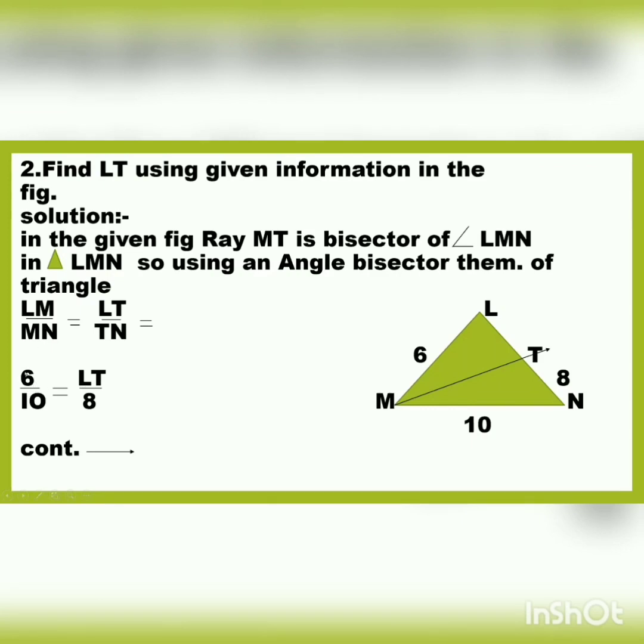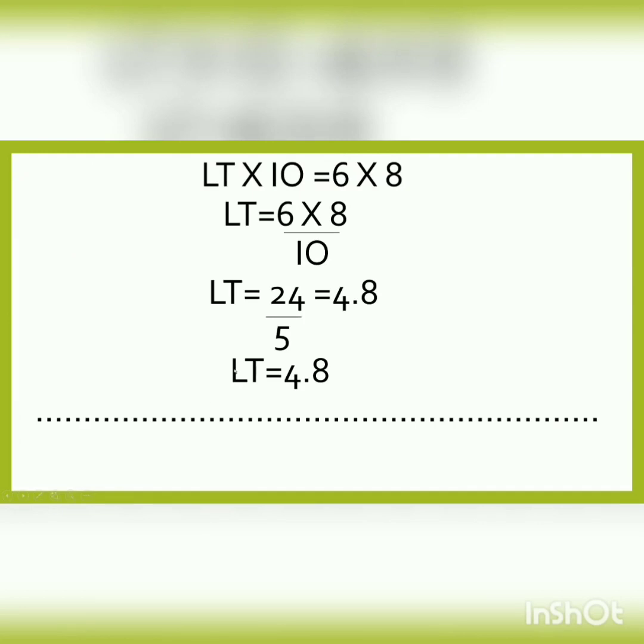Substitute the values: LM is 6, MN is 10, equal to LT upon 8. After cross multiplication, 6 into 8 is equal to LT into 10. LT into 10 is equal to 6 into 8.